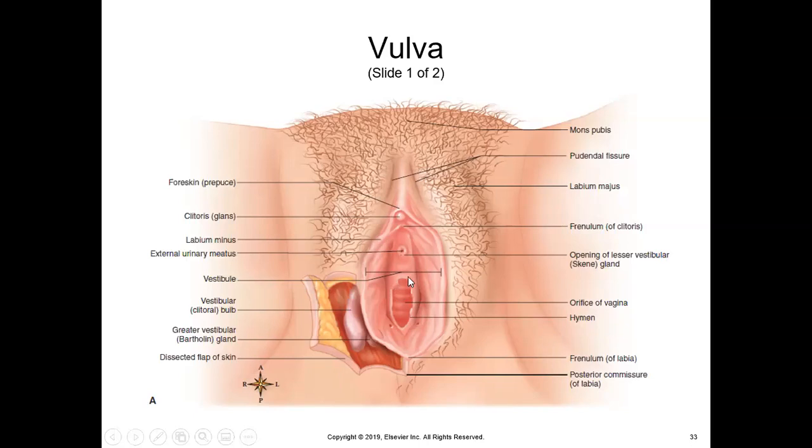So when you talk about a virgin having her hymen intact, it means she has not introduced anything into her vagina, the internal genitalia. And this is the area down here between the anus and the vagina that potentially will have an episiotomy.